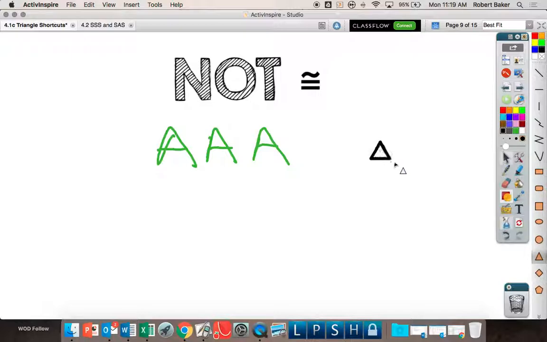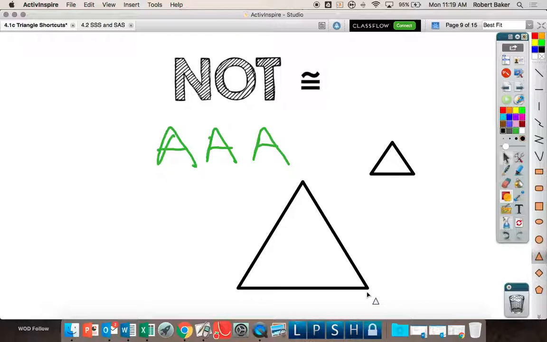It draws equilateral triangles every time, all the time. Those two triangles are equilateral triangles. 60, 60, and 60. But are those two triangles congruent? No. So these have three pairs of congruent angles, but they are obviously not congruent triangles. Angle, angle, angle is not a congruency shortcut.